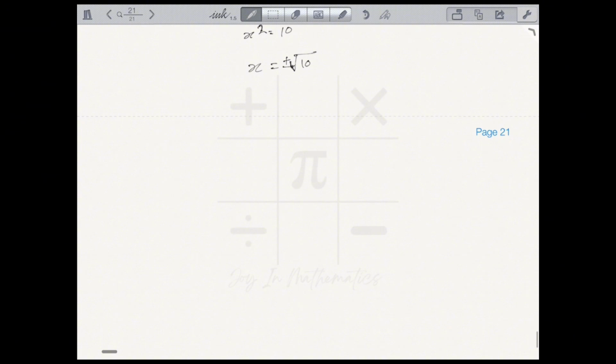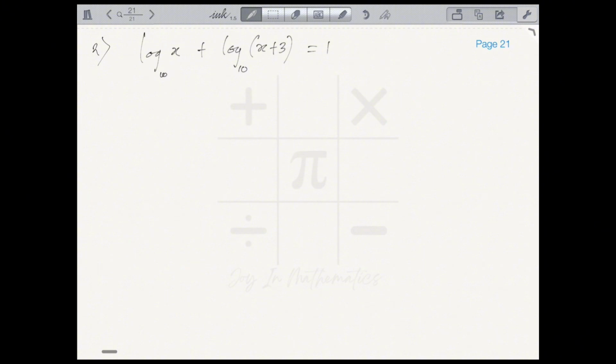The next question, that's question 2, says that we are given log x to base 10 plus log x plus 3 to base 10 is equal to 1, and we are asked to solve for x.